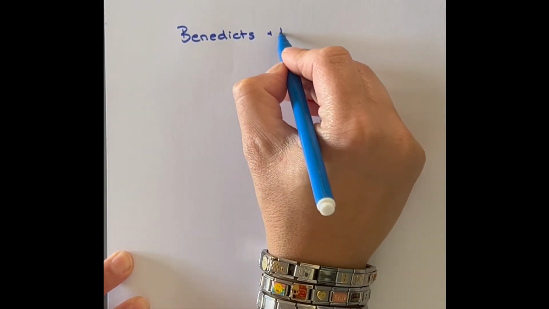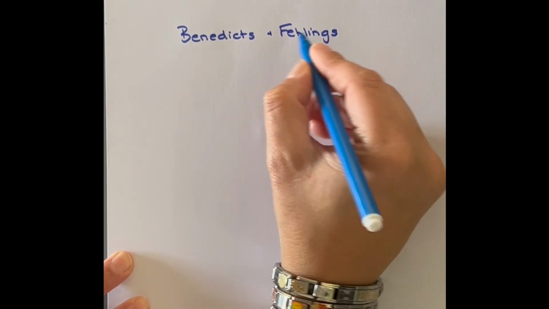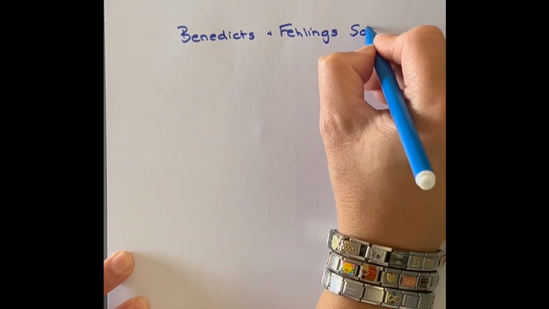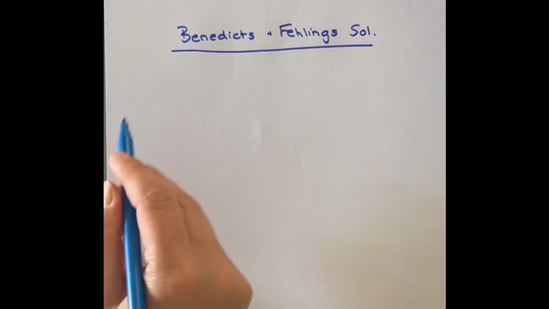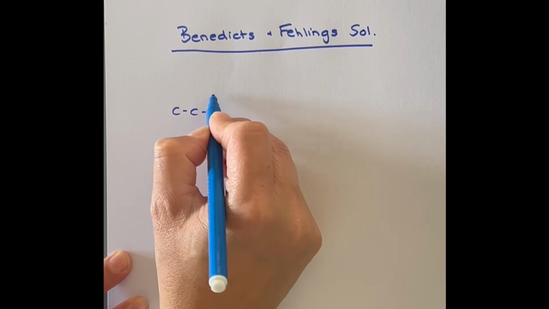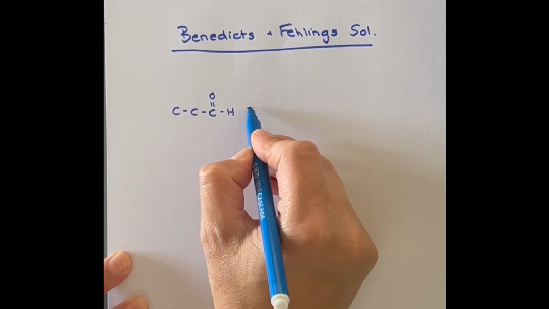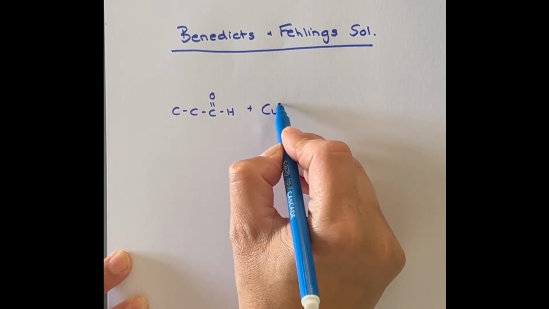And we can put Fehling's as well, because both of them are pretty much the same solution. What happens is, if I have an aldehyde, propanol, I have a solution that has copper ions in it.